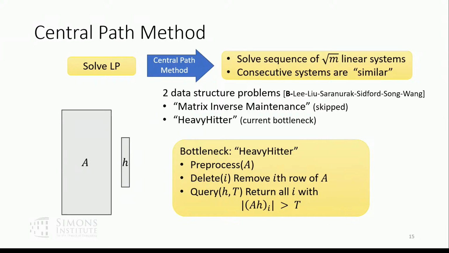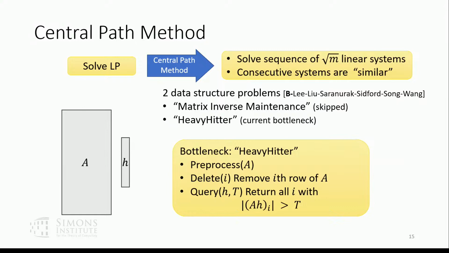So you're given a matrix. It's kind of a tall matrix. And what you want to do is compute a matrix vector product. Now, the nice thing is we don't need to compute the entire matrix vector product. All I care about are the large entries. So you preprocess your matrix, and then you have a query operation where you get a vector h and some threshold t.